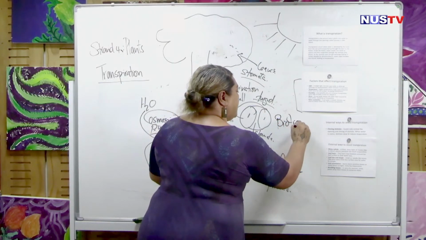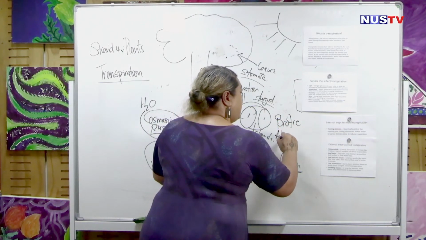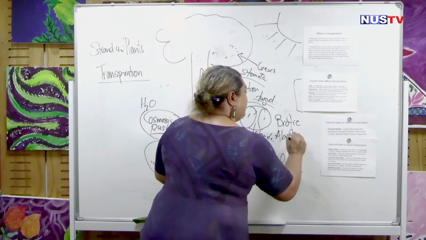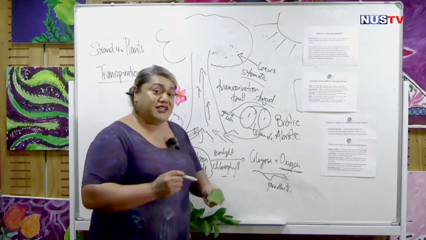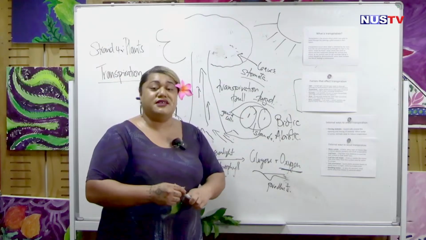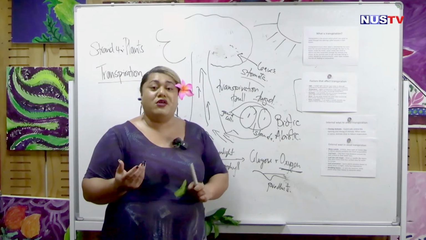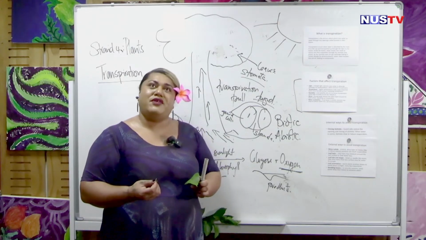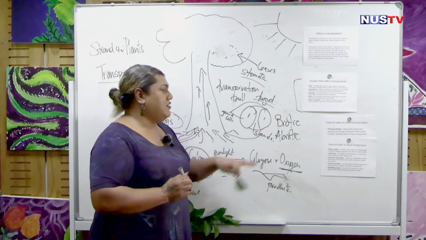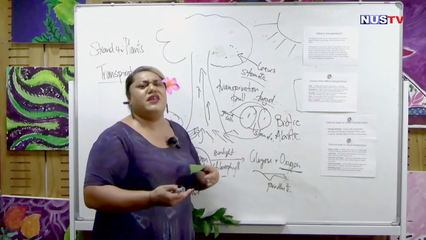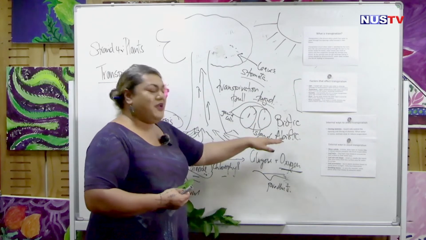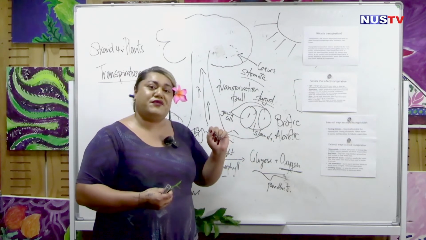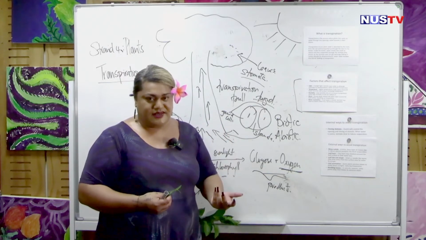Biotic factors and abiotic factors. Biotic factors are caused by a living thing, or another living thing. Abiotic factors, they normally refer to environmental factors.